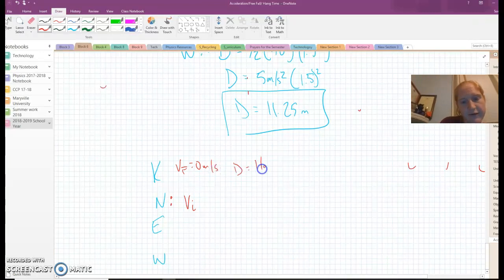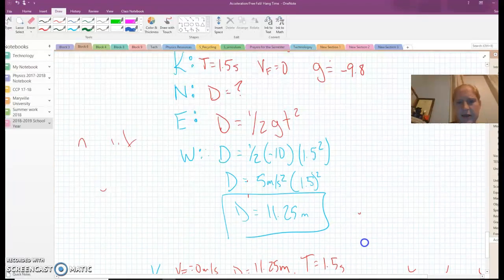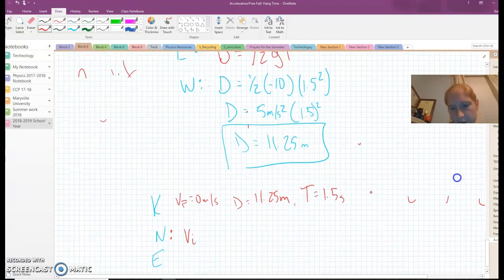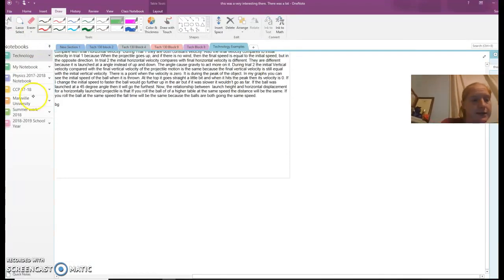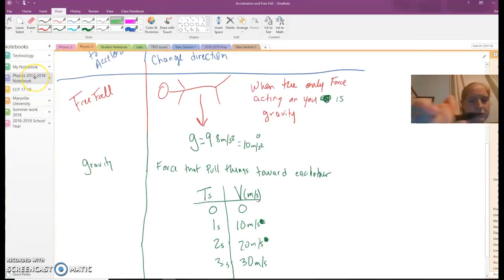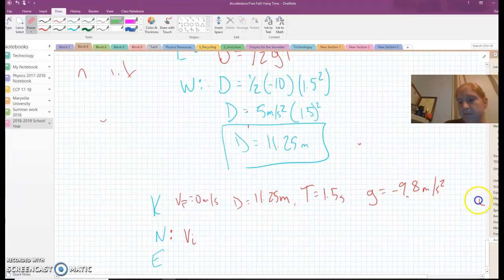Distance is 11.25 meters. Time is 1.5 seconds. And what else did I have? And gravity. Gravity is equal to negative 9.8 meters per second squared, right? So now I have all this chaos. Buckets, where to go? So now I got all this chaos that I'm dealing with, right?